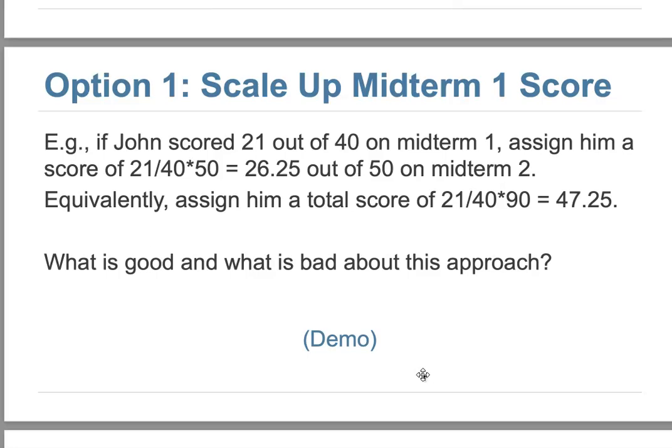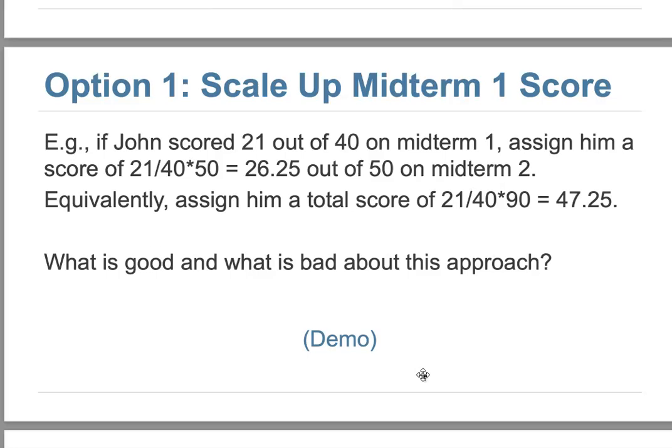On the other hand, if midterm 1 is more difficult but midterm 2 is easier, then he doesn't have the chance to get a better score. So that's why, for this option, I think it's very easy and very simple to calculate.